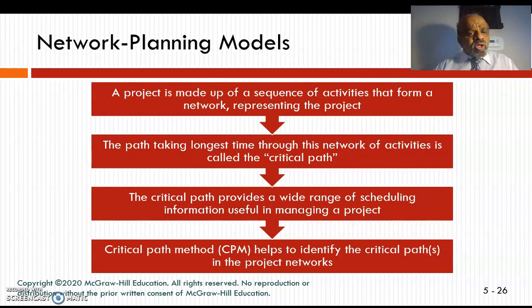The next thing that we want to talk about is network planning models. A project is made up of a sequence of activities. So if you want to construct a room in your basement, the first thing that you want to do is to put up the walls.